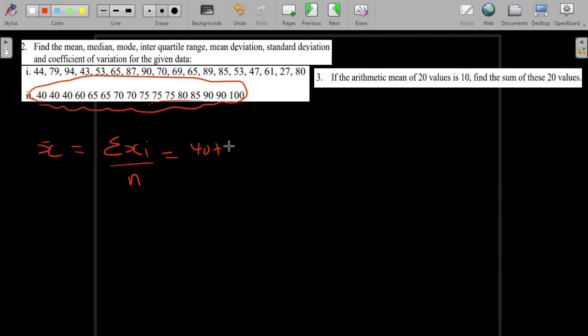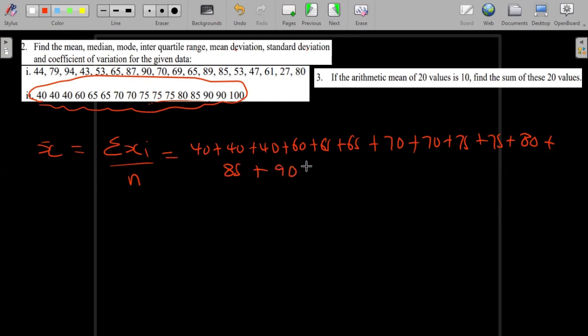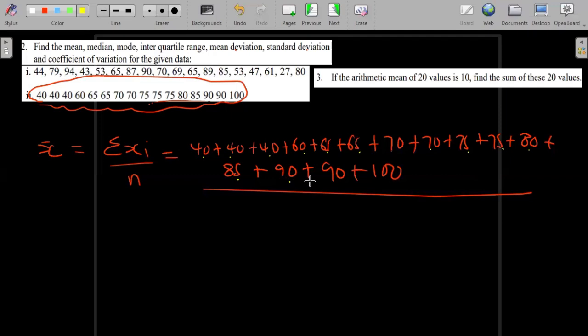So 40 plus 40 plus 40 plus 60 plus 65 plus 65, and then plus 70 plus 70 plus 75 plus 75 plus 80 plus 85 plus 90 plus 90, and then plus 100. We divide by how many they are. How many are they? 1, 2, 3, 4, 5, 6, 7, 8, 9, 10, 11, 12, 13, 14, 15. So there are 15. I'm going to divide by 15.